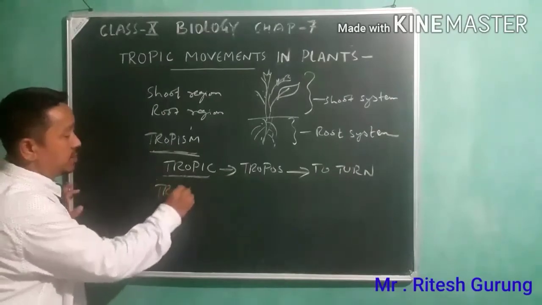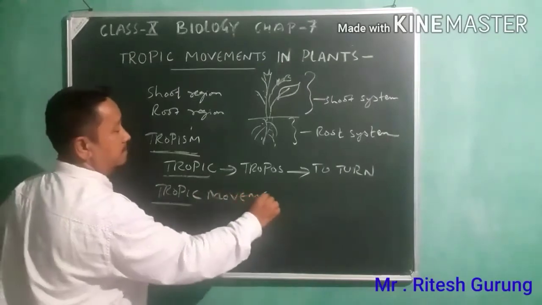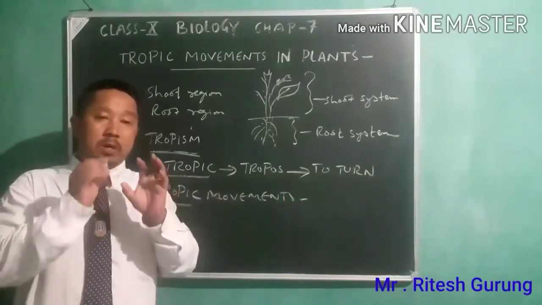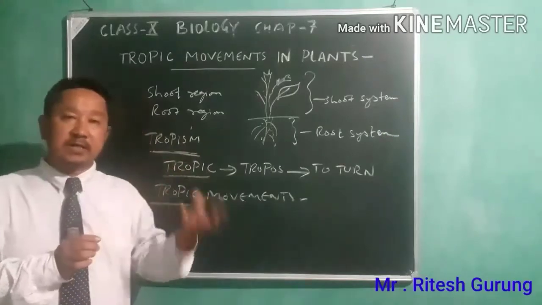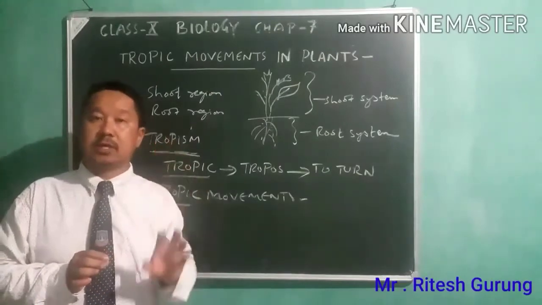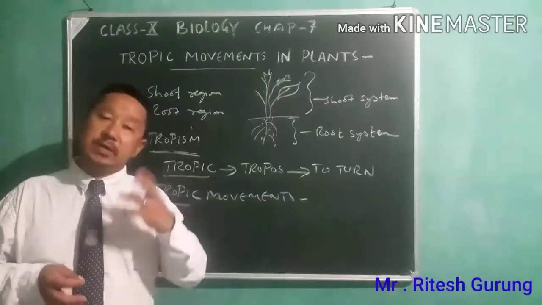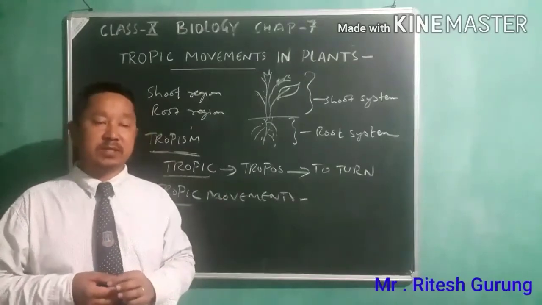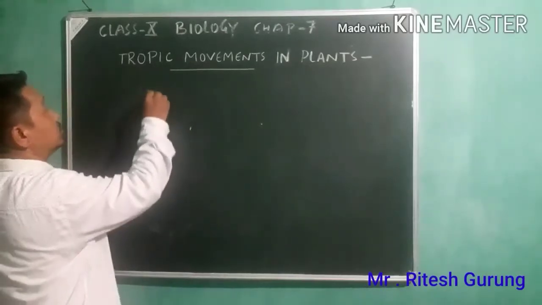Tropic movements are the growth movements shown by the parts of the plants in response to unidirectional external stimuli. So there are many different kinds of tropic movements in plants. The first type of tropic movement we have is phototropism.